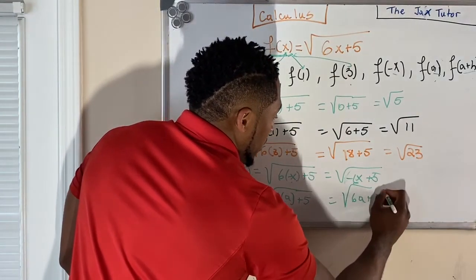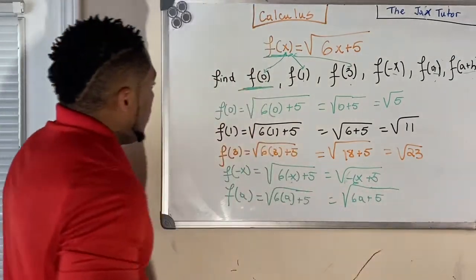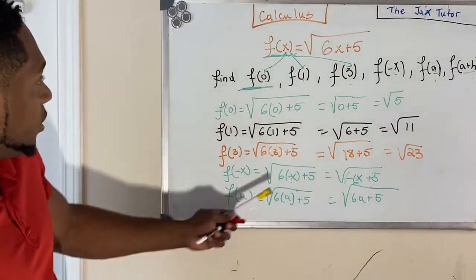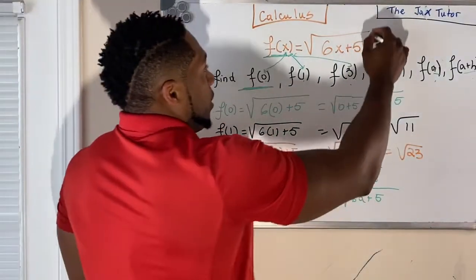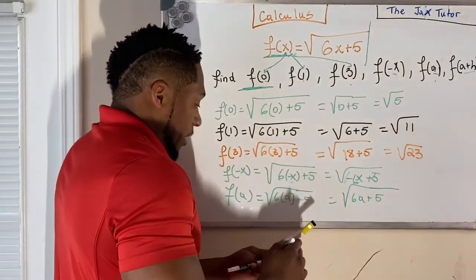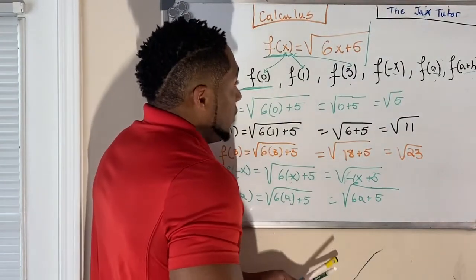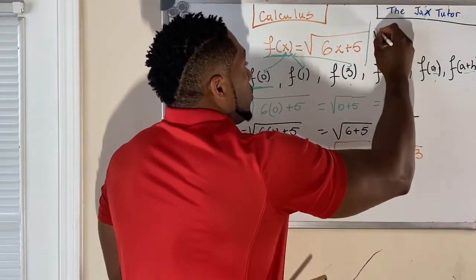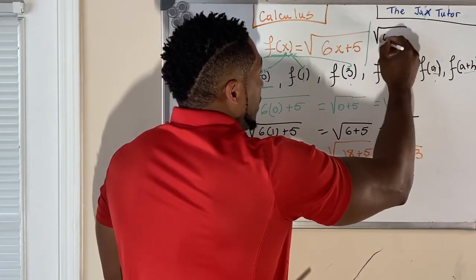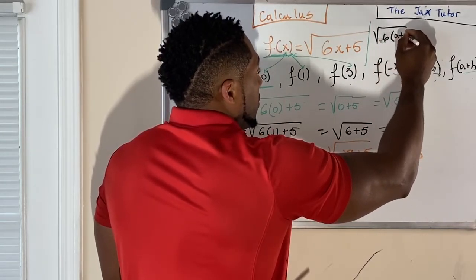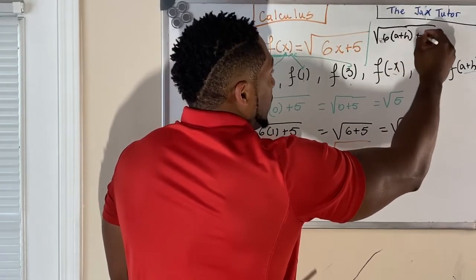Let's write it in a different way. And the last one, f of a plus h. F of a plus h is the square root of 6 times a plus h, plus the 5.